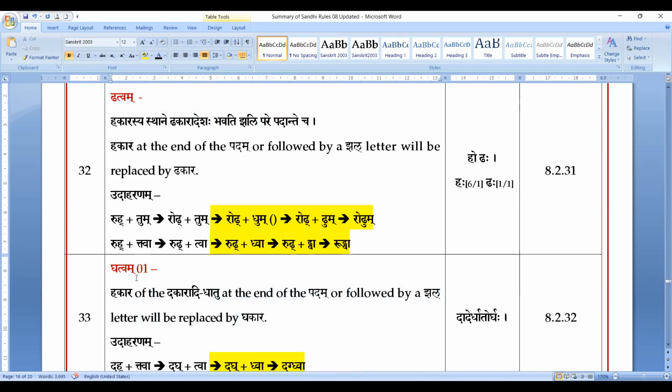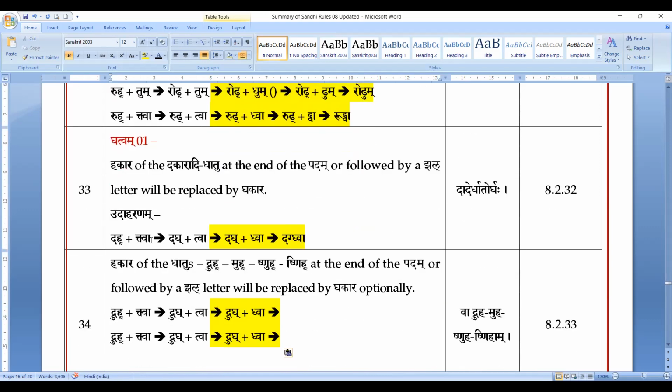You understand the relationship between the two Sutras, two Vidhis? Gatva dismisses the application of Datva when the Dhatu is a Dakara-Adi Dhatu. All Hakaranta Dhatus or Shabdas, whatever they may be, will be replaced by Dakara except the Dakara-Adi Dhatu. Therefore, Gatvam is an exception to Datvam.